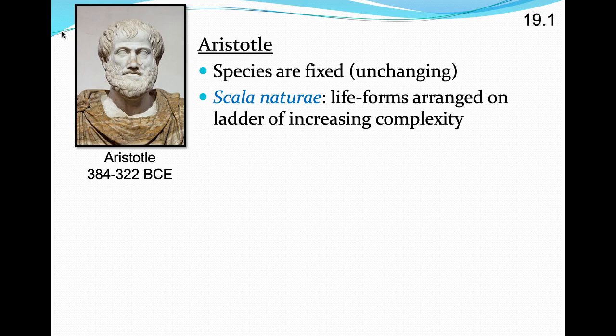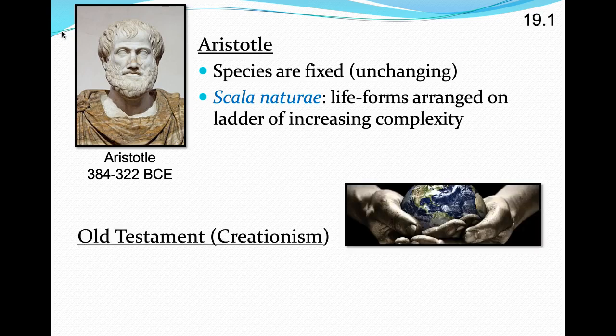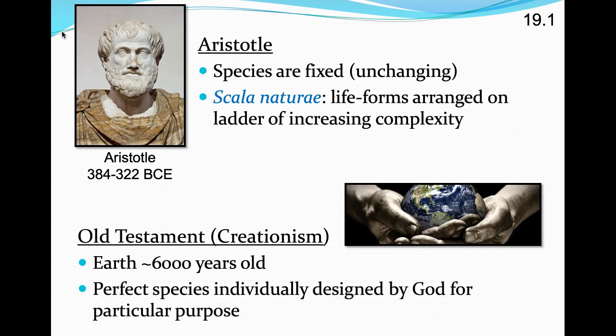Now, Aristotle's ideas coincided with creationism and the Old Testament, so that Earth is around 6,000 years old, and that every species that was put on Earth by God was perfect and served a particular purpose.